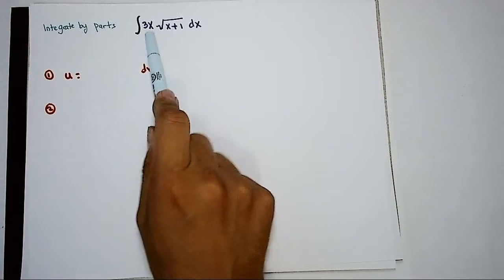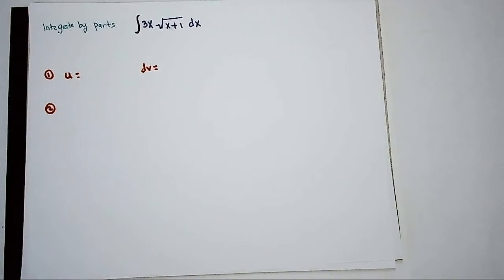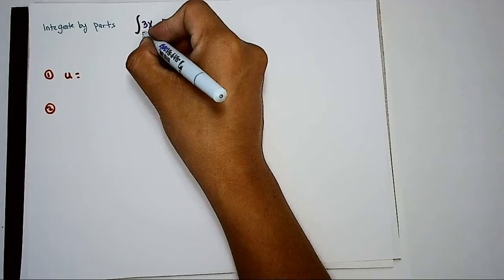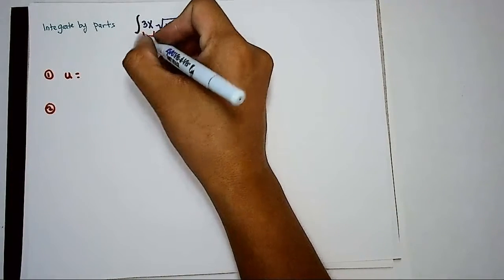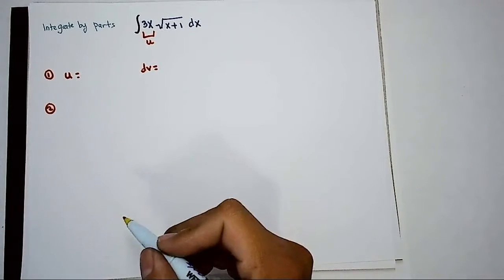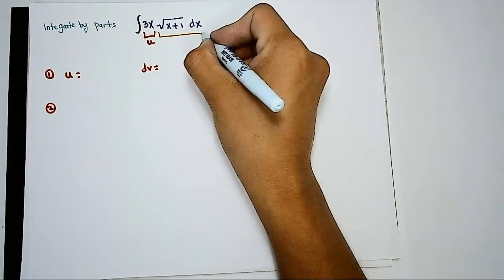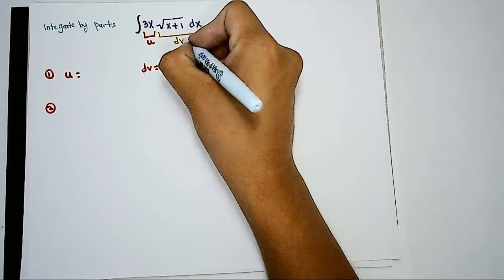Between x and the square root of x plus 1, the easiest to derive is x. Therefore, 3x will be our u, which means that the square root of x plus 1 dx will be our dv.